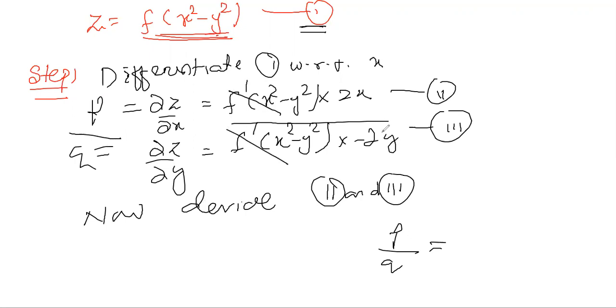So what is the remaining value? 2 also cancels. P by q is equal to minus x by y, and that is the same as py plus qx is equal to 0. Okay, so this is the partial differential equation form. There are two examples I have shown here. Okay, so see this one. Thank you.